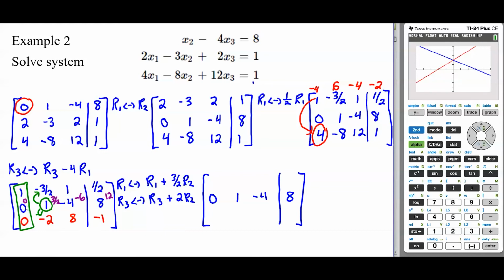Because we multiply 0 times 3/2. So 1 plus 0 is 1. -3/2 plus 3/2 is 0. 1 plus -6 is going to be -5. And then 1/2 plus 12. So 12 is 24/2, right? 24 plus 1 is 25, so it's going to be 25/2.